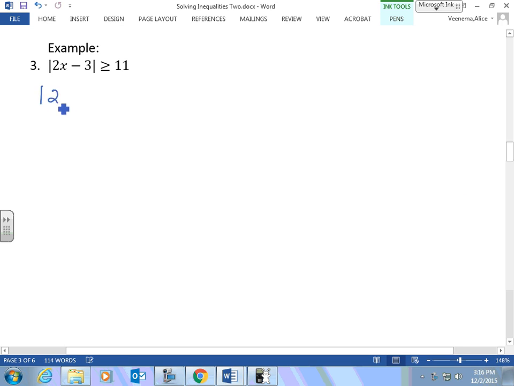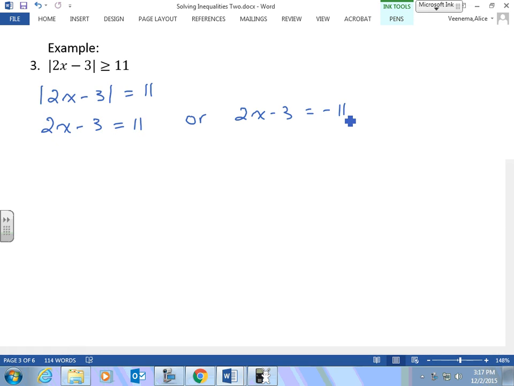So if I have the absolute value of 2x minus 3 equals 11, then either 2x minus 3 is equal to 11, or 2x minus 3 is equal to -11, right? If the absolute value of something equals 11, either that something is 11 or it's -11, by definition of what absolute value means.